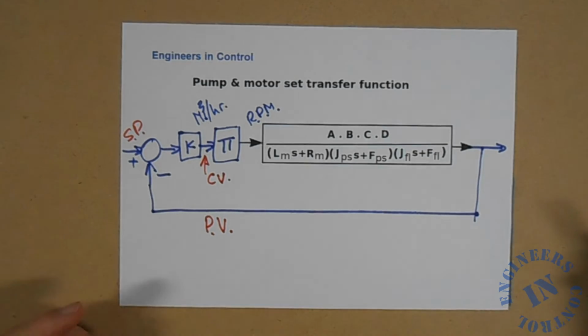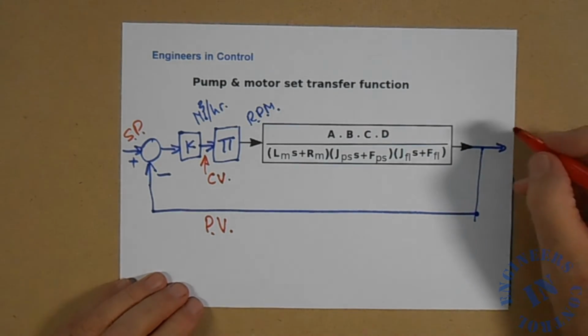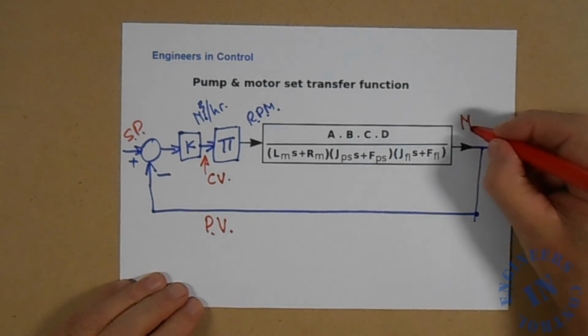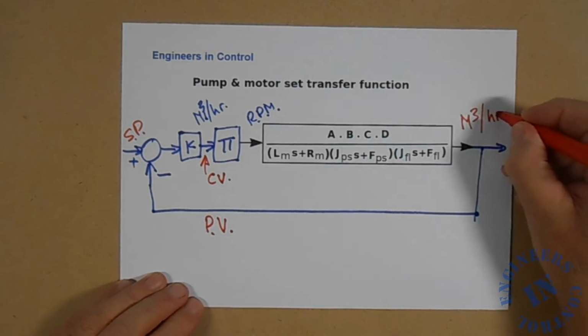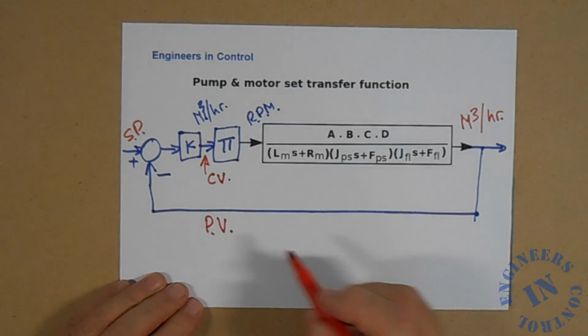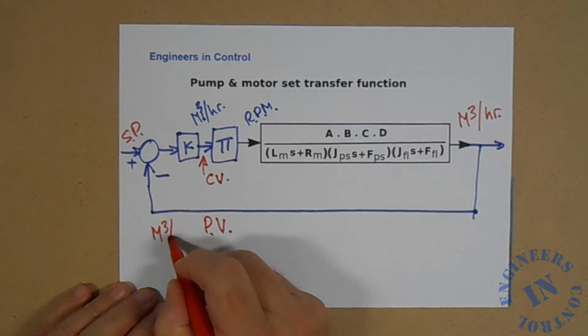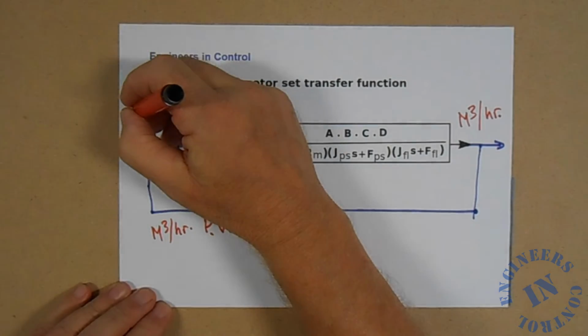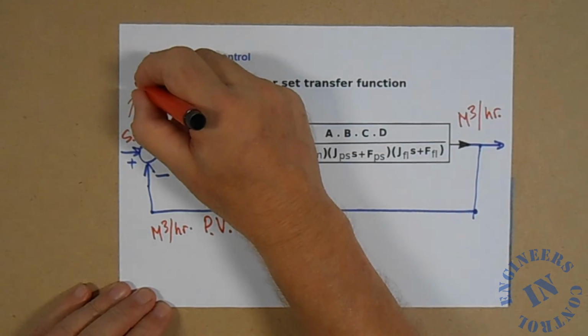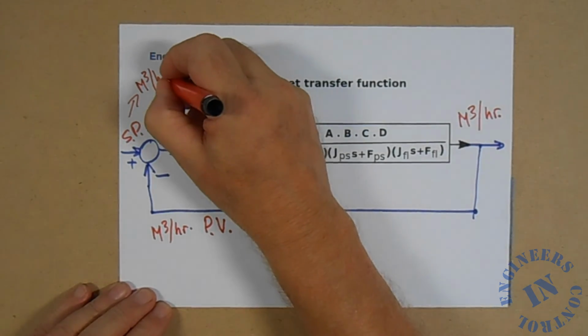So we now have a control loop, and we're going to match our cubic meters per hour, which is what we're trying to control, and this is going to be cubic meters per hour here, and our set point will be cubic meters per hour.